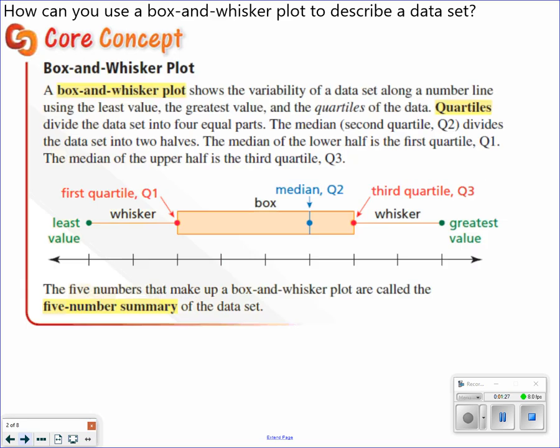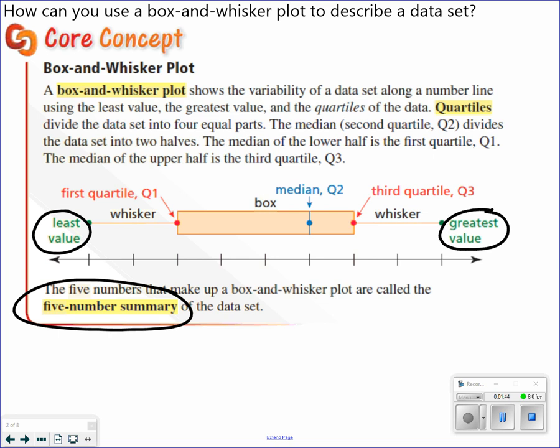Now we're going to talk about what's known as box and whisker plots. Box and whisker plots are sometimes also referred to as a 5-number summary, because what you're going to do is take the smallest value in the data set, the largest value in the data set, and then break it up into what's known as quartiles. So this would be the median of the entire data set. And then quartile 1 is the median of the lower half of the data set.